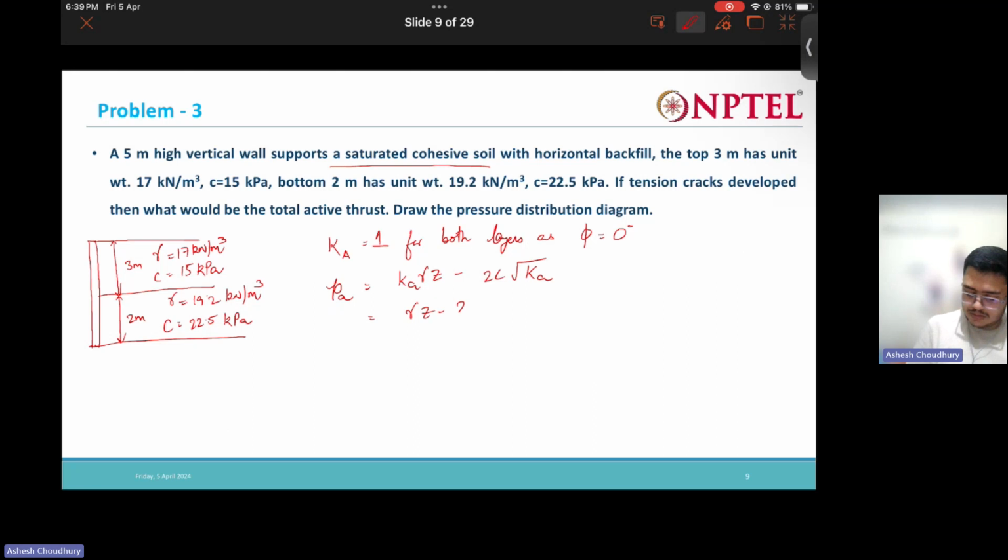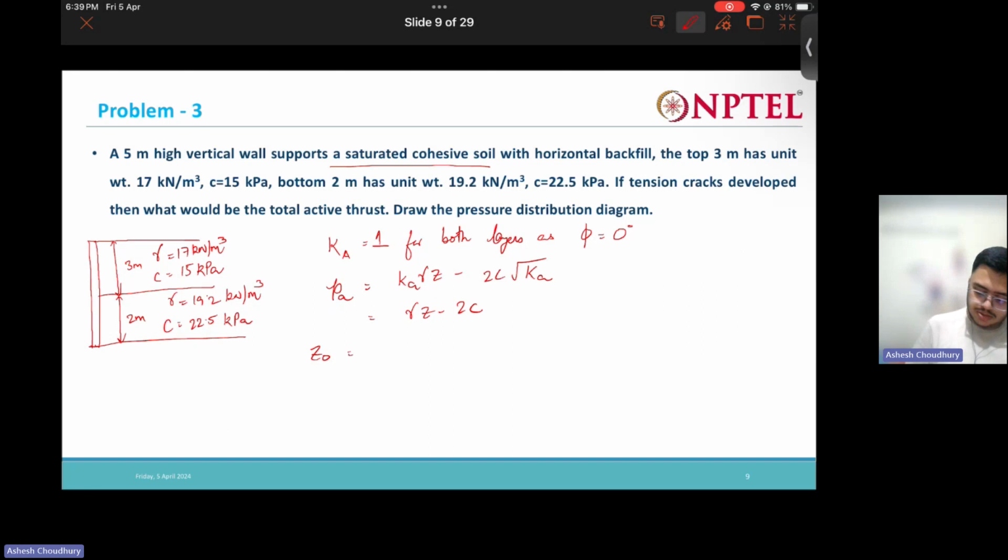So this we can write as gamma z minus 2c. Now z naught. If you remember, z naught is the depth of tension crack, and the other term for z naught is the depth at which the active earth pressure is actually 0.